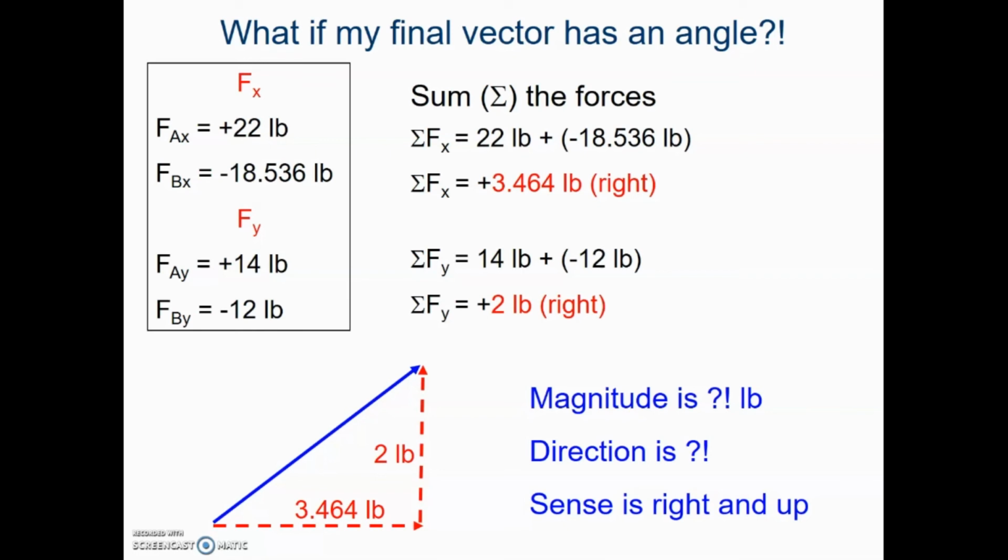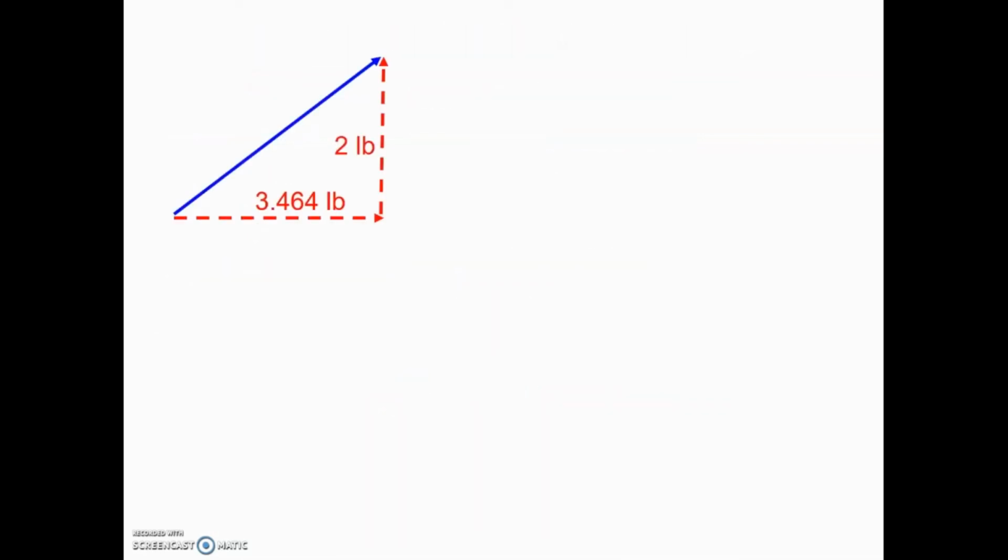We need to do a little bit of trig to figure out what that magnitude or what that hypotenuse is. So let's see what that might look like. In my triangle, if I use this as my reference angle, it looks like we have the adjacent side and we have the opposite side. But if I'm looking for the magnitude, I don't even need to use trig. I'm going to pull out Pythagorean's theorem to figure that out.